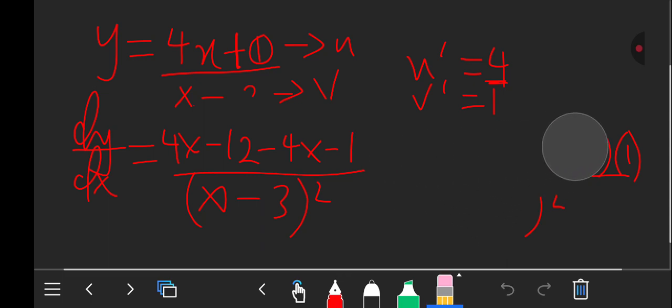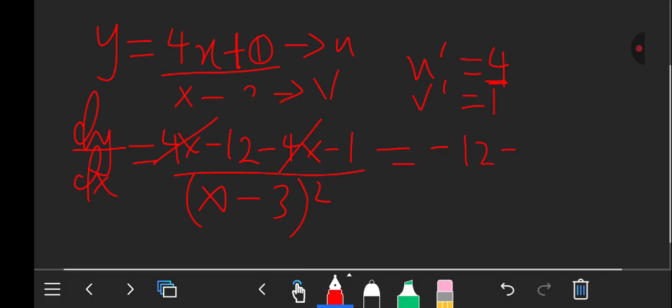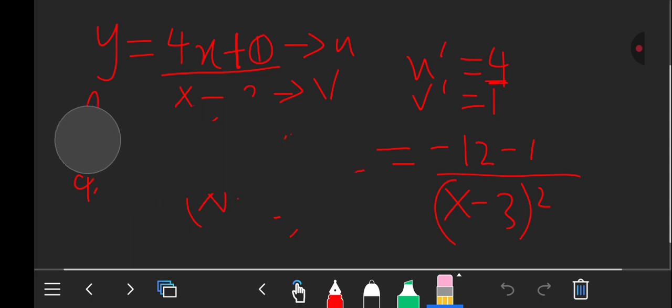So we can now simplify this. You can see that 4x and negative 4x cancel out because 4x minus 4x is 0. So negative 12 is what we remain with, negative 12 minus 1 on the numerator, and on the denominator we remain with x minus 3 squared.